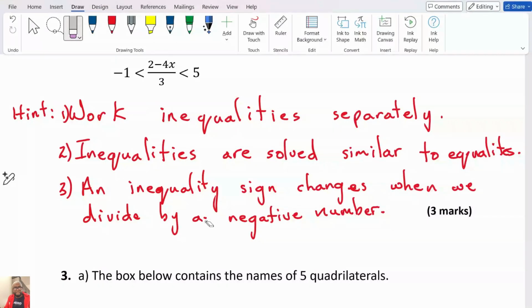All right? When we divide by a negative number.